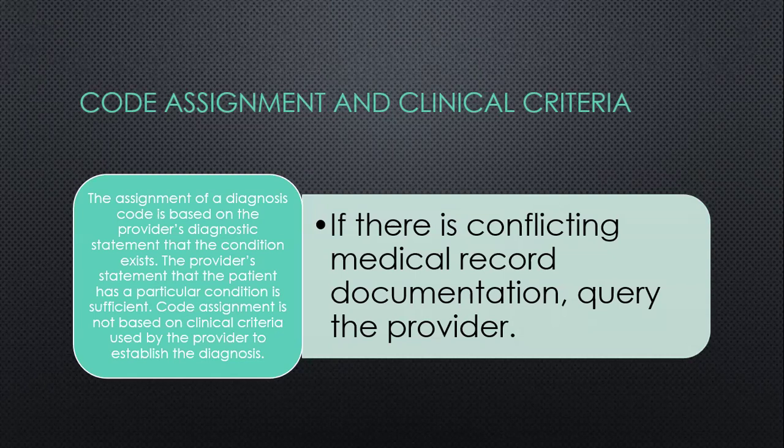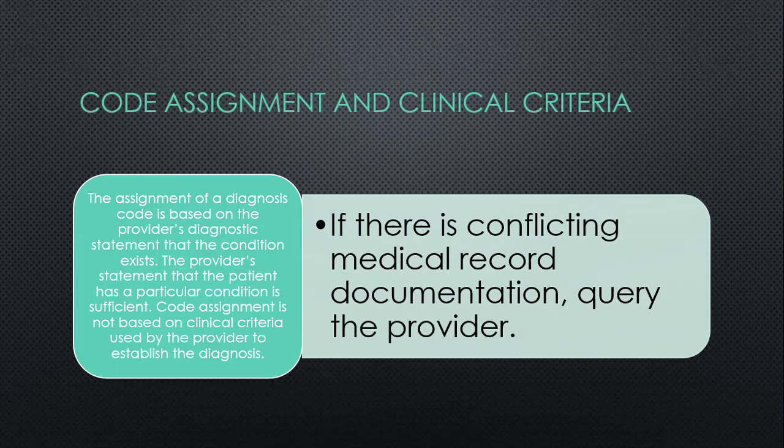The provider's statement that the patient has a particular condition is sufficient for that code assignment. So if your provider documents that a patient has HIV, you don't need to look for lab results. The provider's statement in the medical record is sufficient for you to bill that condition.